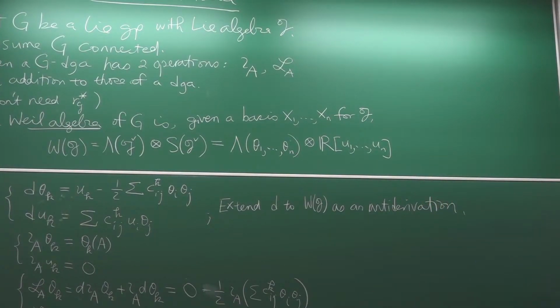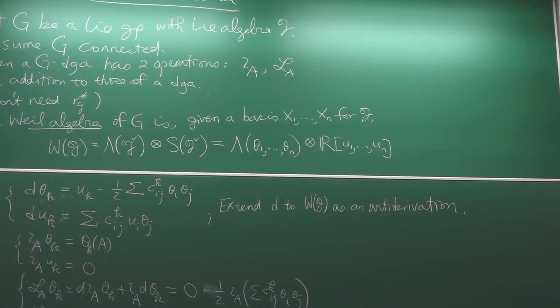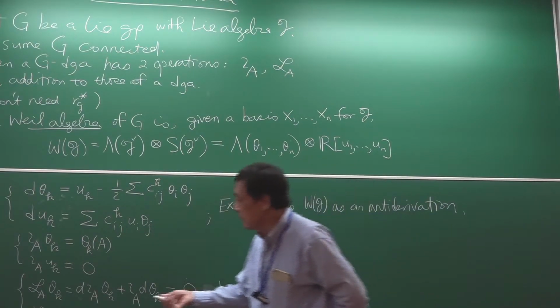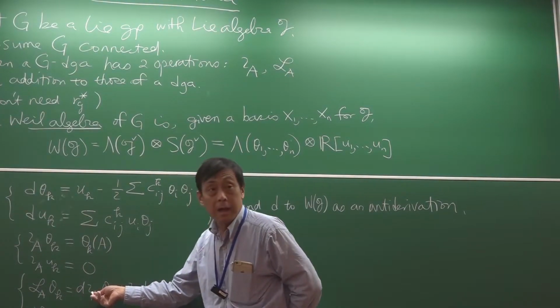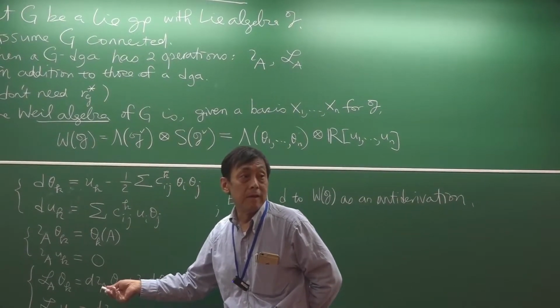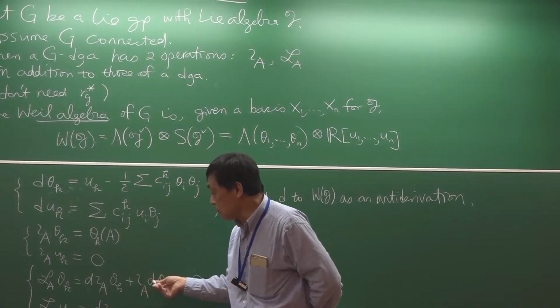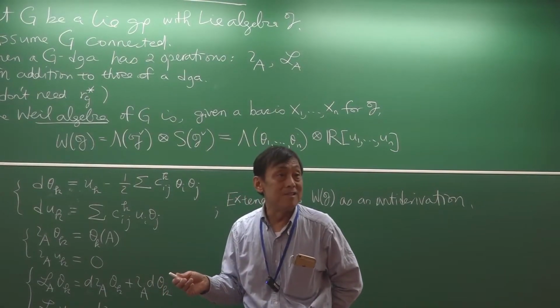Okay. So if D is an antiderivation, what's D squared? You see, in general, okay, now, if you have two antiderivations, so here D and iota are both antiderivations, then D iota plus iota D is a derivation, okay?